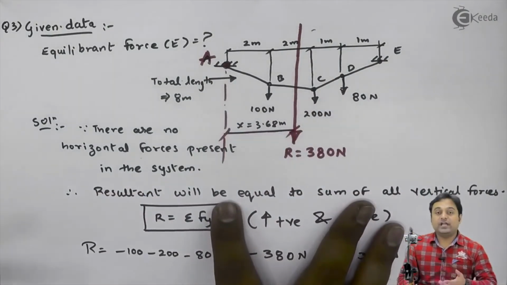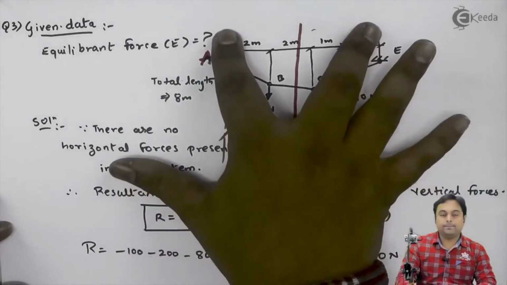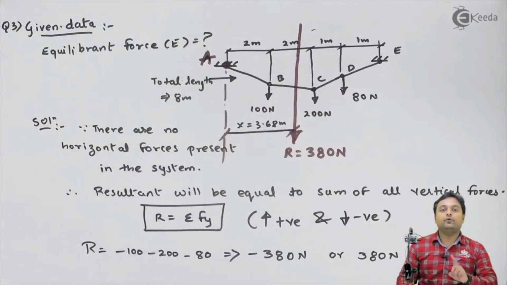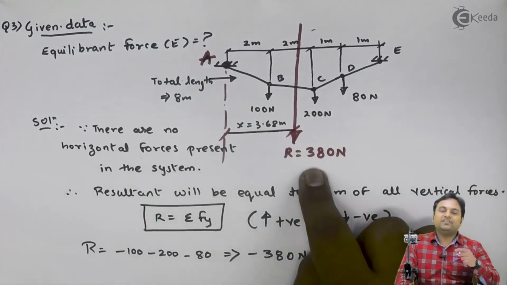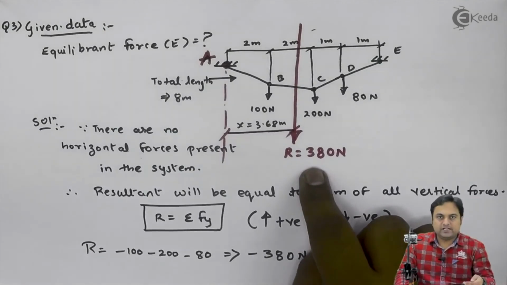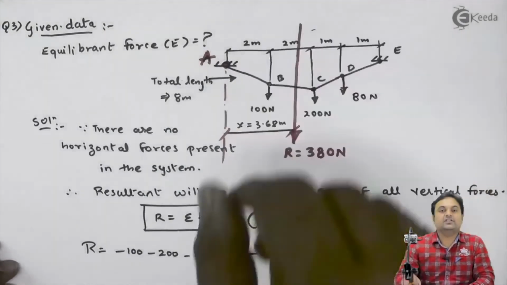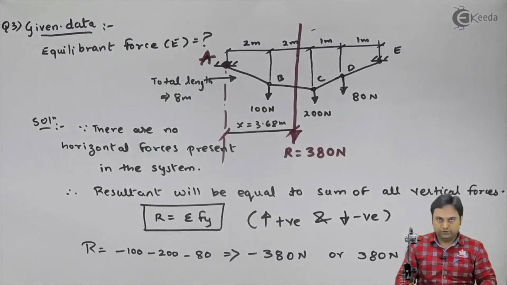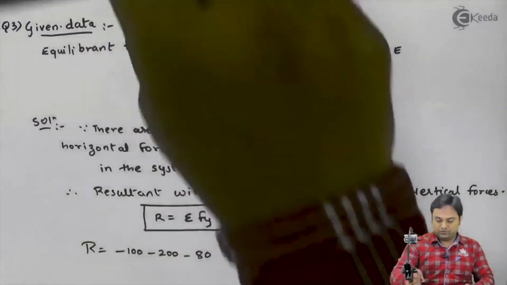But we have to calculate one single force that will move the string up. It means that force has to be opposite to the resultant. Because the resultant is taking the string downward, there will be one single force keeping the string in the upward horizontal direction, and that force is called the equilibrium force.